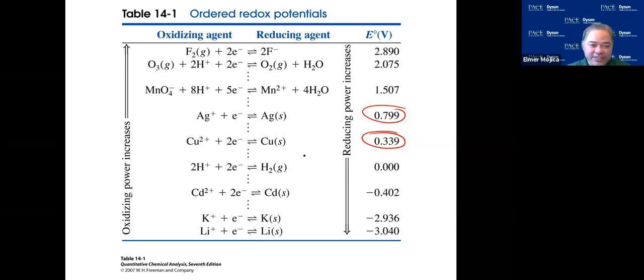So if I'm going to react these two, which one will happen in the anode? And which one will happen in the cathode? What is the role of your silver? Will it serve as an anode or a cathode? So silver has a higher reduction potential. What happens to it? Is it going to undergo reduction or oxidation?